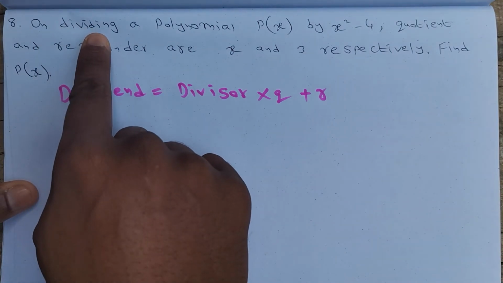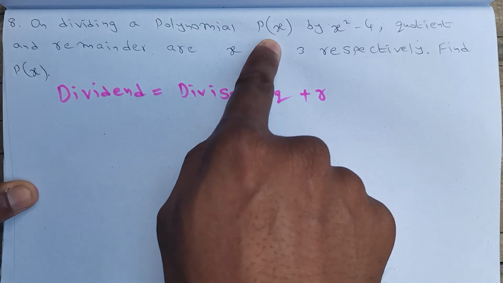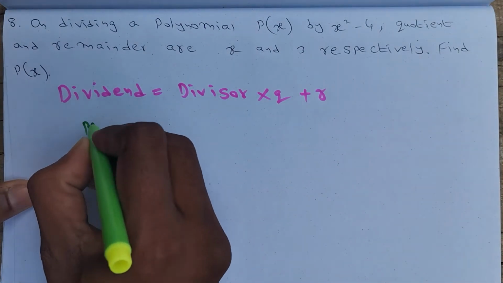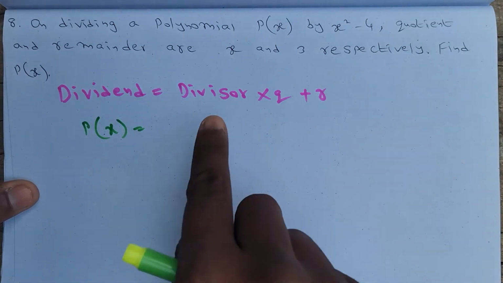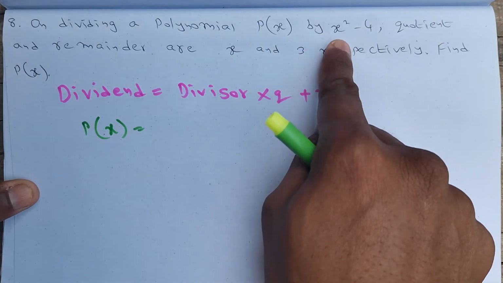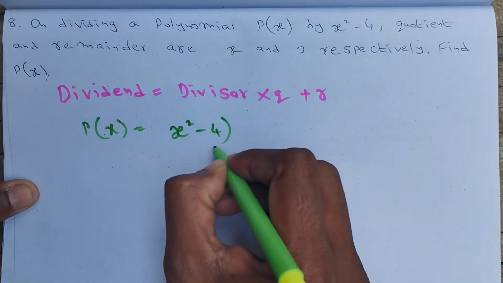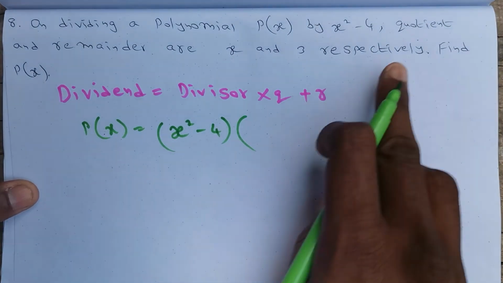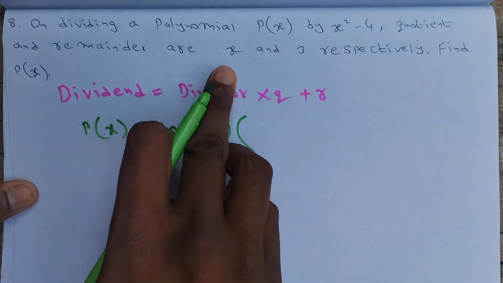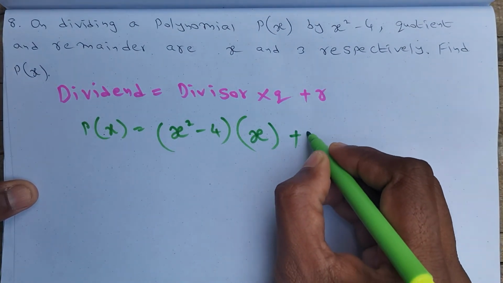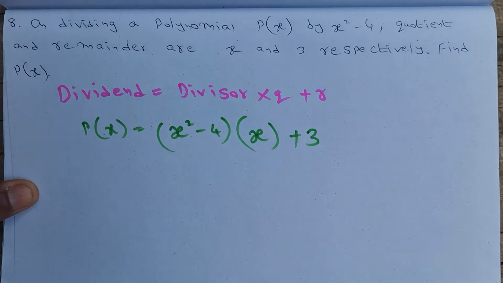On dividing a polynomial p of x, this p of x will become the dividend, equal to divisor, by which we are dividing, it is x square minus 4. So that will become the divisor into quotient. Quotient and remainder are x and 3. So the quotient is x, then plus remainder is 3.